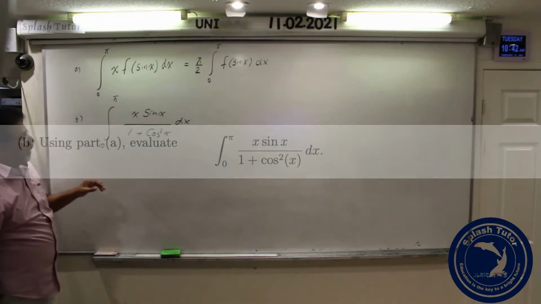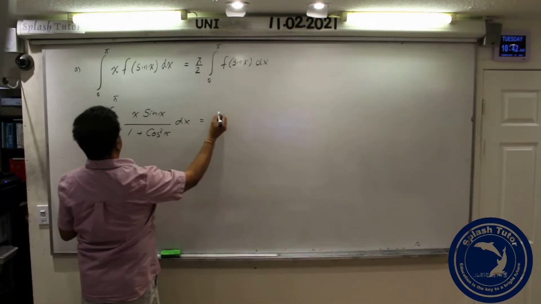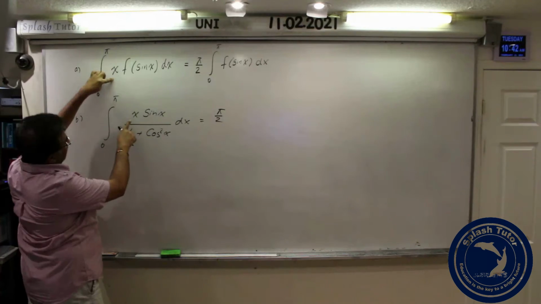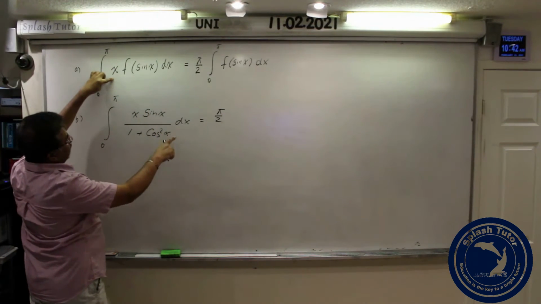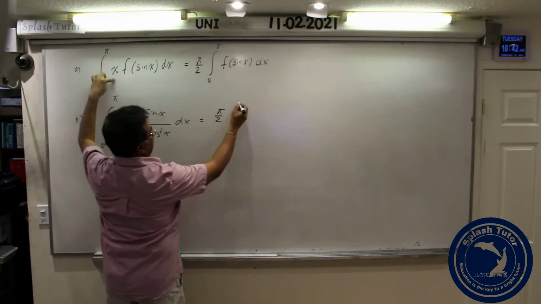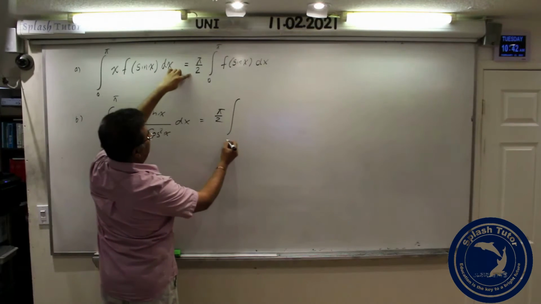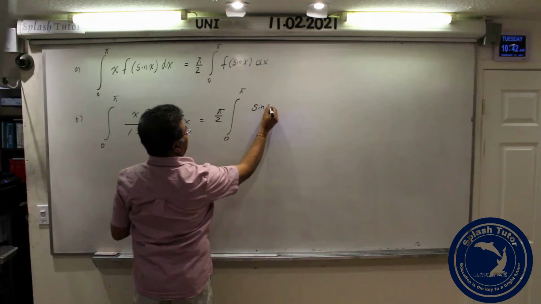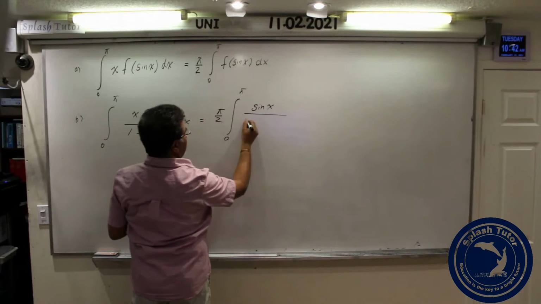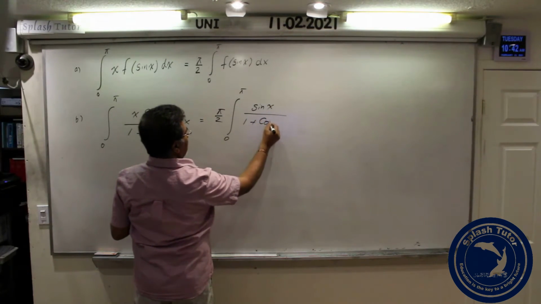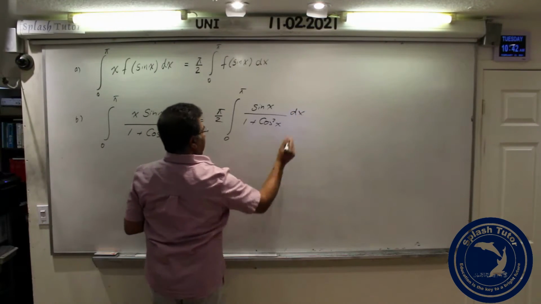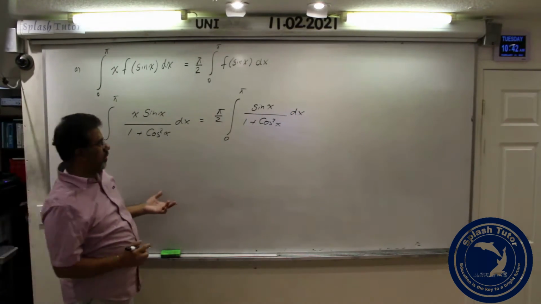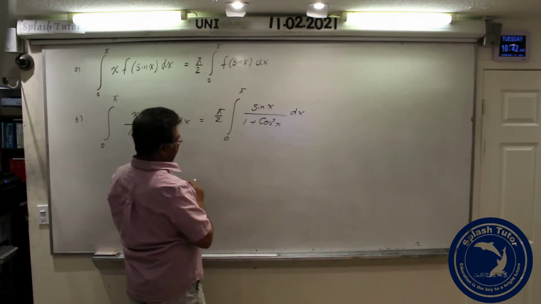Now this one can be written as pi by 2 times the integral, so the x is here. This is my f, right? Pi by 2 times the integral, with this formula, from 0 to pi of sine x over 1 plus cosine squared x dx, right? Yes.